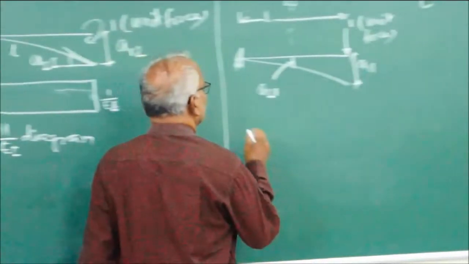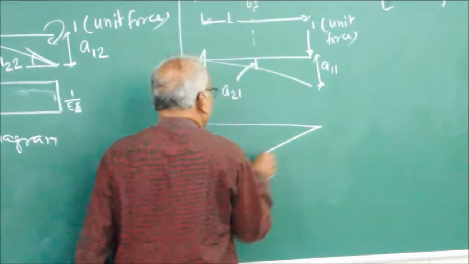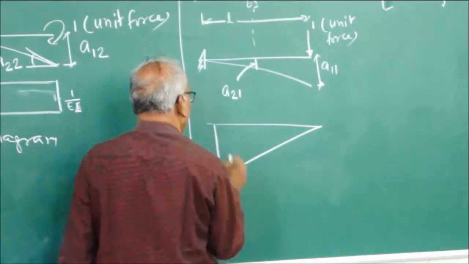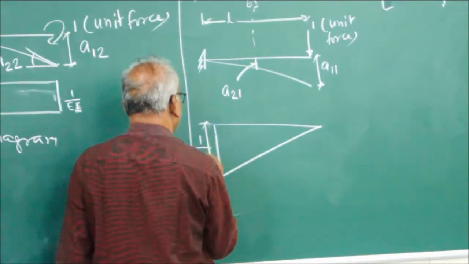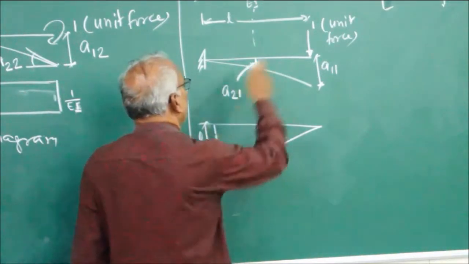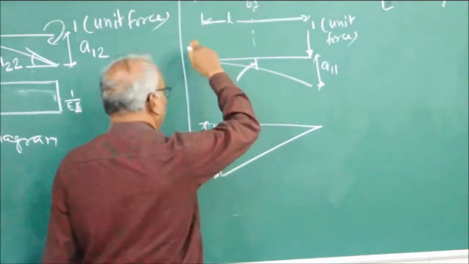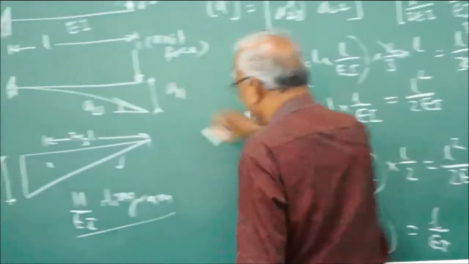So for getting this, the bending moment diagram, as we have done earlier, known to you now, this is 1 by EA. Bending moment is 1 into L. So L by EA, as we have done here, L by EA.